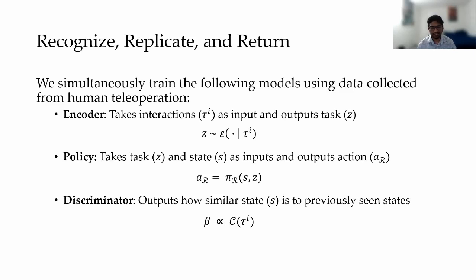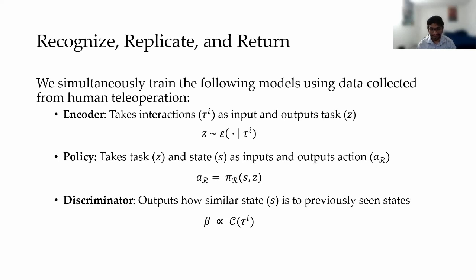Simultaneously, we train a discriminator that outputs a confidence beta on how similar the current state is to previously seen states. Together, we have an assistive action AR for the robot and a scalar confidence beta that we can use to arbitrate control between the user and the assistive action of the robot.